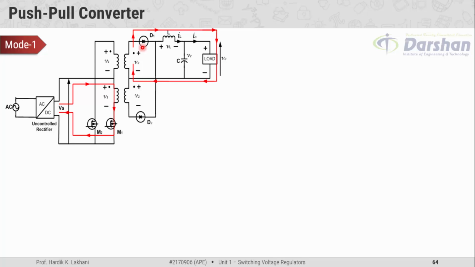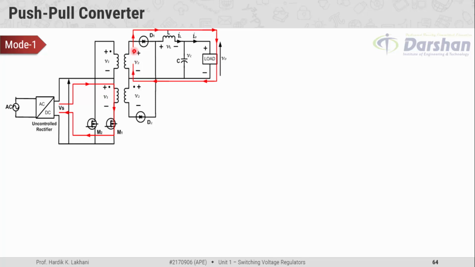So it takes part in the mode 1 operation. So on the primary side, the current starts from the positive terminal of the supply. It passes through the lower primary winding. It passes through the MOSFET and goes back to the source. This is how the closed loop path is formed on the primary side.